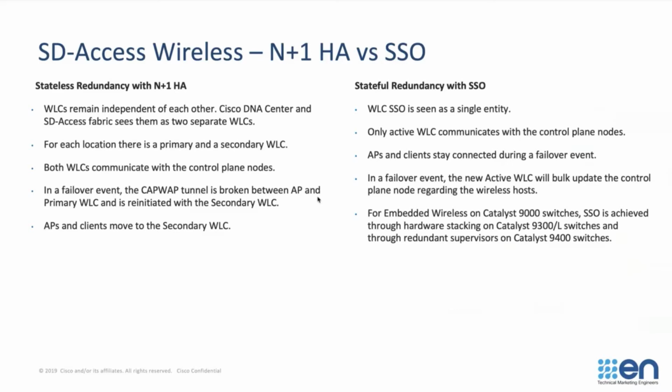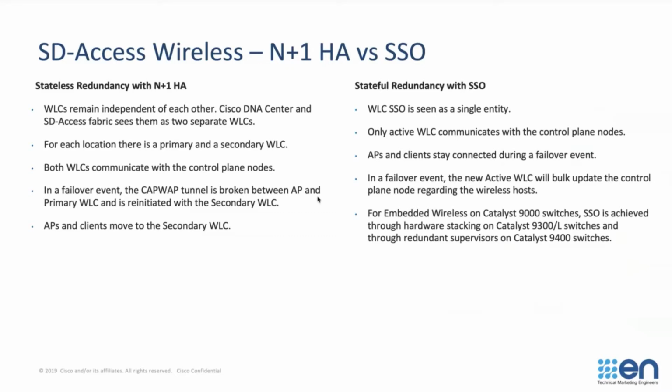When you're running N+1 HA, both the wireless LAN controllers will communicate with the control plane node because they are independent to each other. Whereas with SSO mode, the WLC communicates with the control plane node as a single entity. If the primary WLC fails, the APs will be reinitiated and connect back to the secondary WLC.